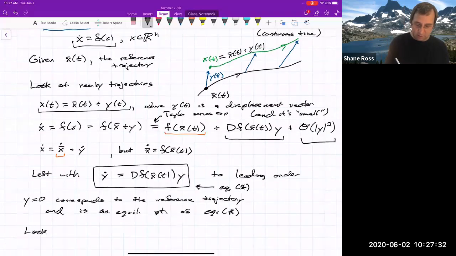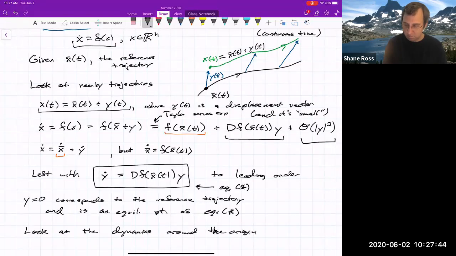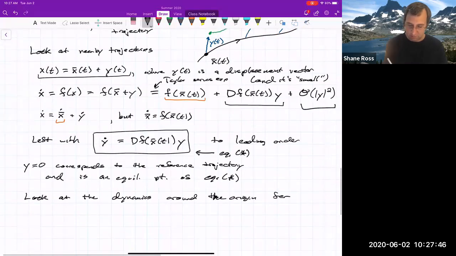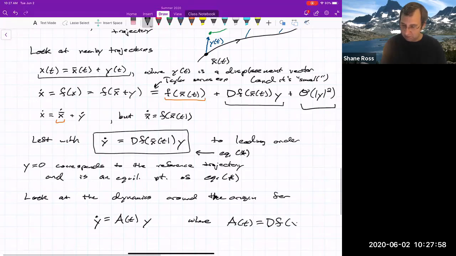So if we look at the dynamics around the origin for this system, y dot equals A(t) y, where A as a function of time is just the Jacobian along the reference trajectory, some n by n time-dependent matrix.